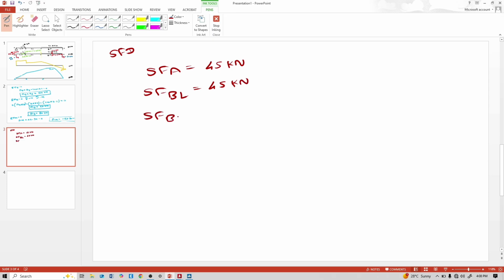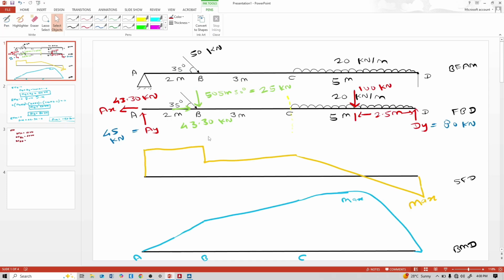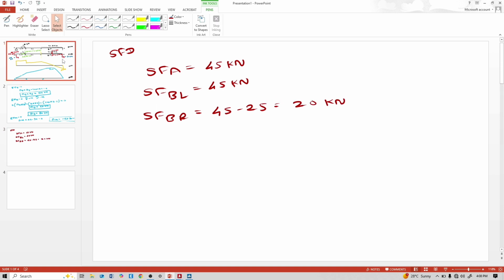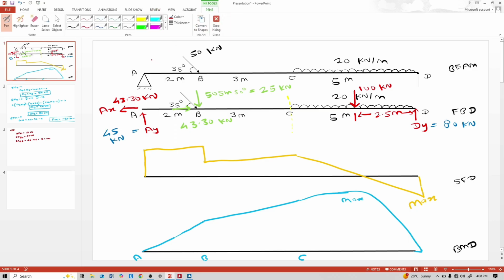And shear force at B towards right is upward 45 minus downward 25, that means 20 kilonewton. This is 45, this is 20. A, B, C, D.